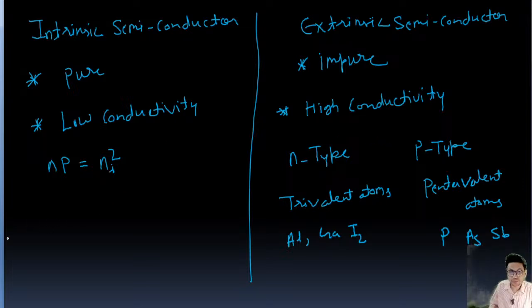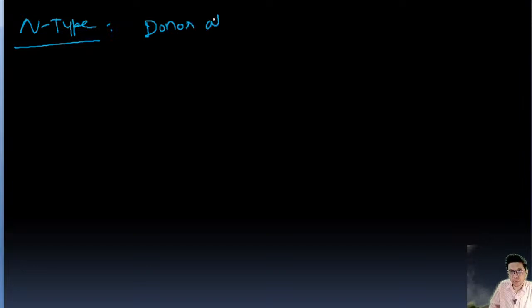Now next, N type. In N type there is a donor atom impurity, that is Nd.